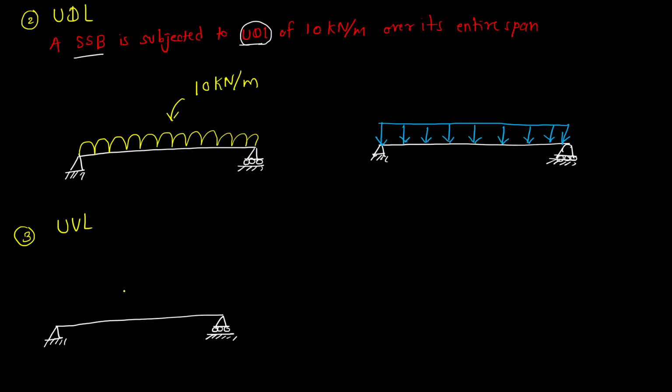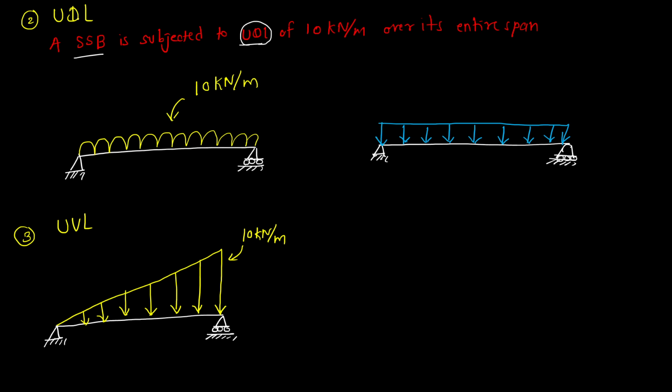The UVL looks like this. Whatever the intensity is, that will be the maximum intensity. Let's say in this case it is 10 kilonewton per meter. So now these are the three main types of loads.